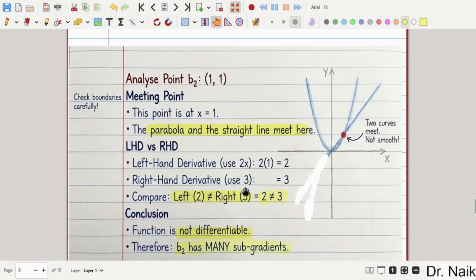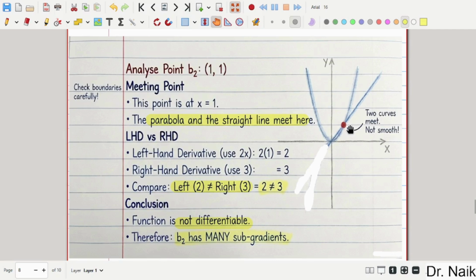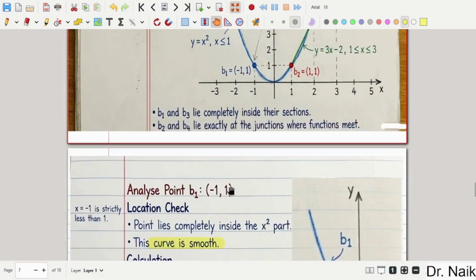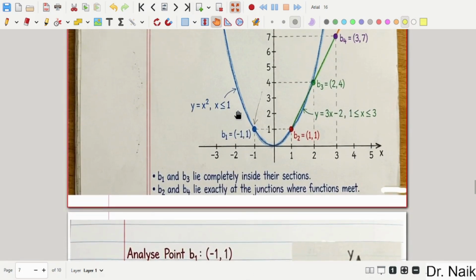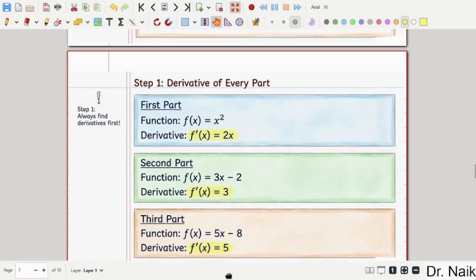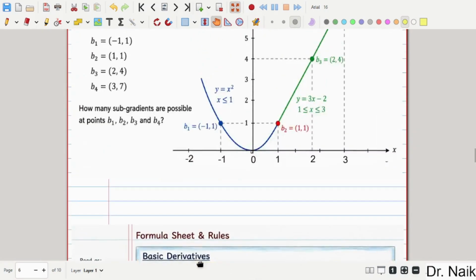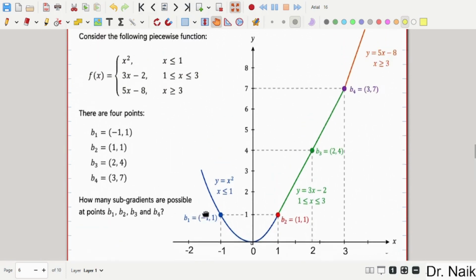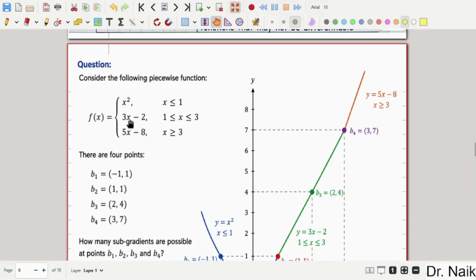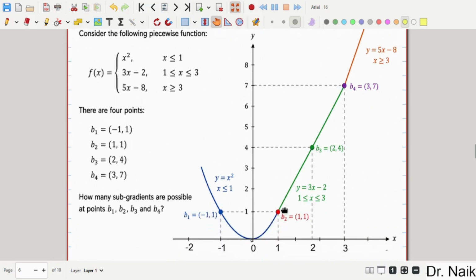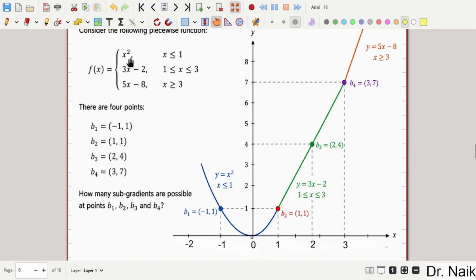Now analyze the point B2, 1 comma 1. B2 lies at the junction point of two functions, 3x minus 2, a straight line, and x squared, a parabola.